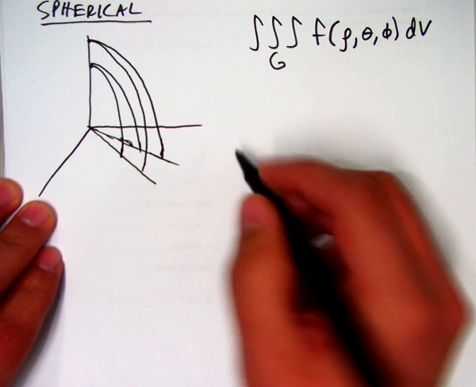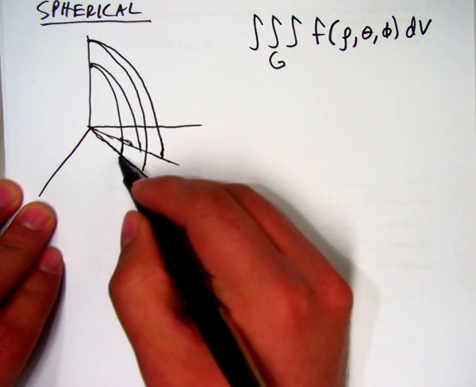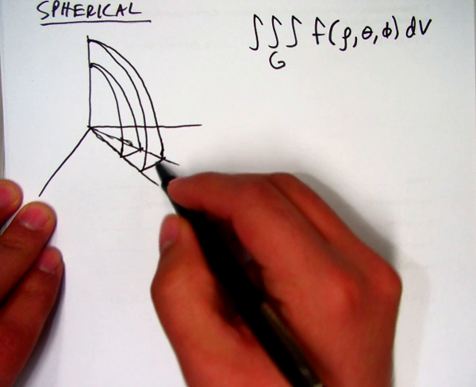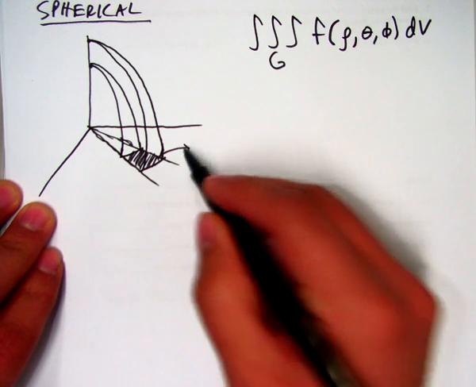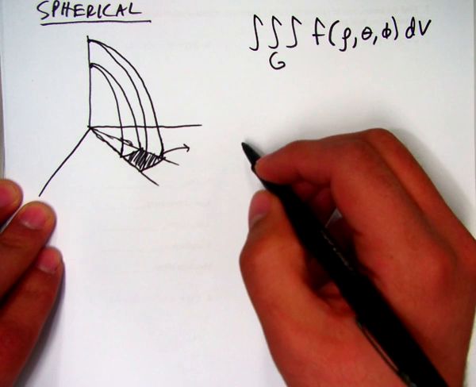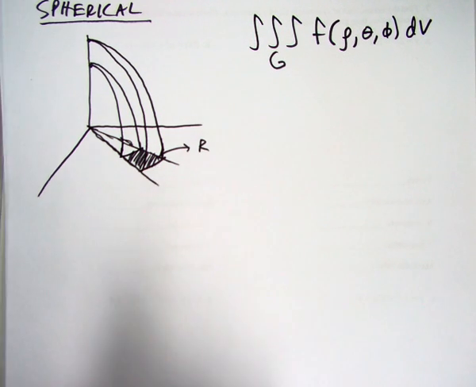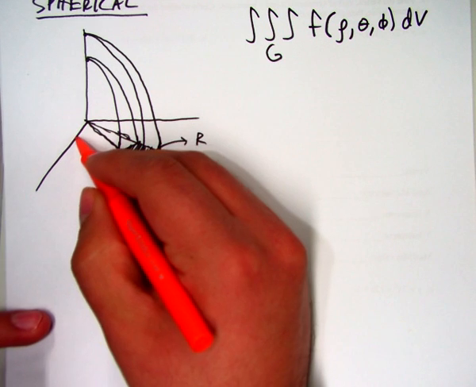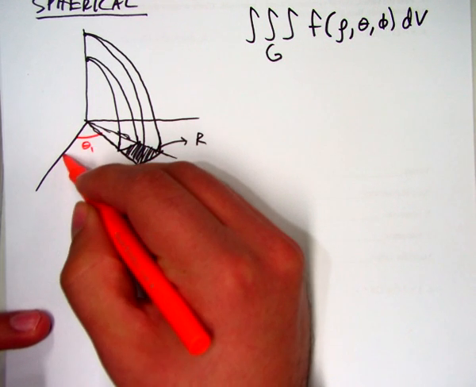Okay, so here's what's going on. That was actually pretty good. Here's that polar region R. And our two angles are right here, just like they were yesterday for cylindrical, theta 1 and then theta 2.